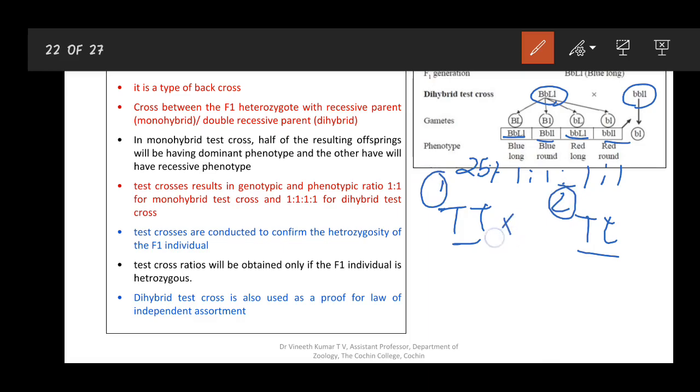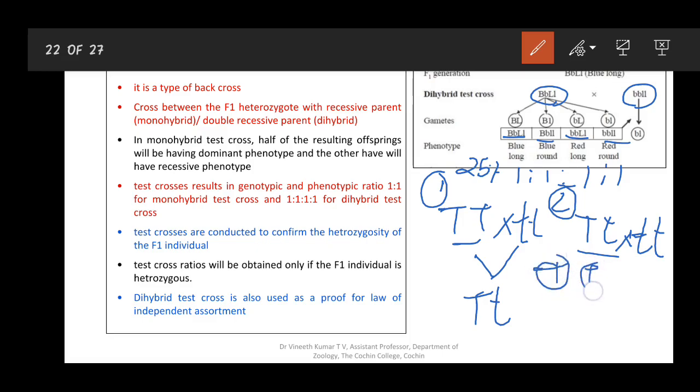In the first possibility, I am going to cross it with the recessive parent. You have the gametes, and what I get is capital T, small t, all are tall. 100% individuals are tall. So now I am going to cross this with this. If I put a checkerboard, or I will just cross like the same.